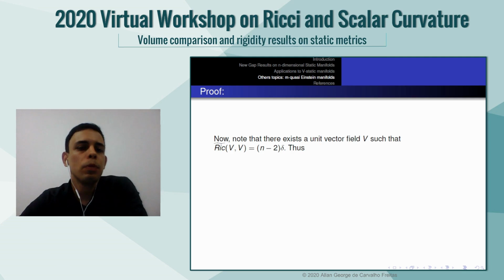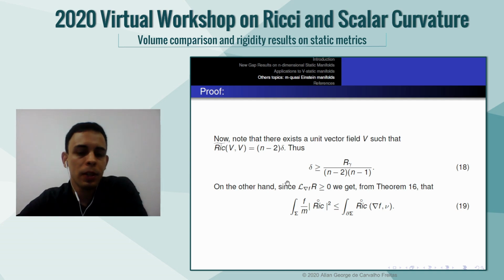Okay, so we can consider a vector field such that this is true. Thus we have this, okay, using the previous inequality, and using this condition we get from the Cruz-type inequality that this happens.